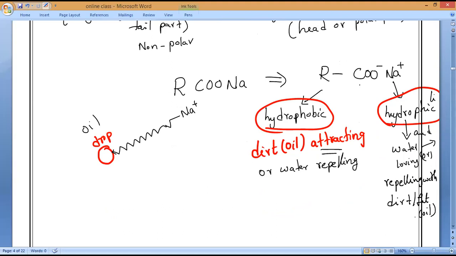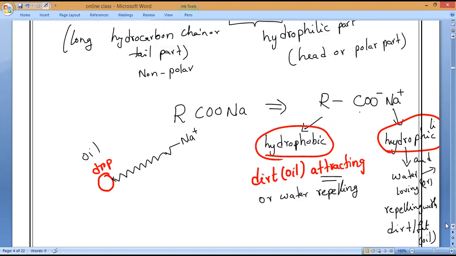So that is what you have to remember. If you take a hydrophobic part and a hydrophilic part, both together we call it soap. That is why every soap molecule contains two parts: one is hydrophobic, another is hydrophilic. Now, this hydrophobic part is the long hydrocarbon chain.